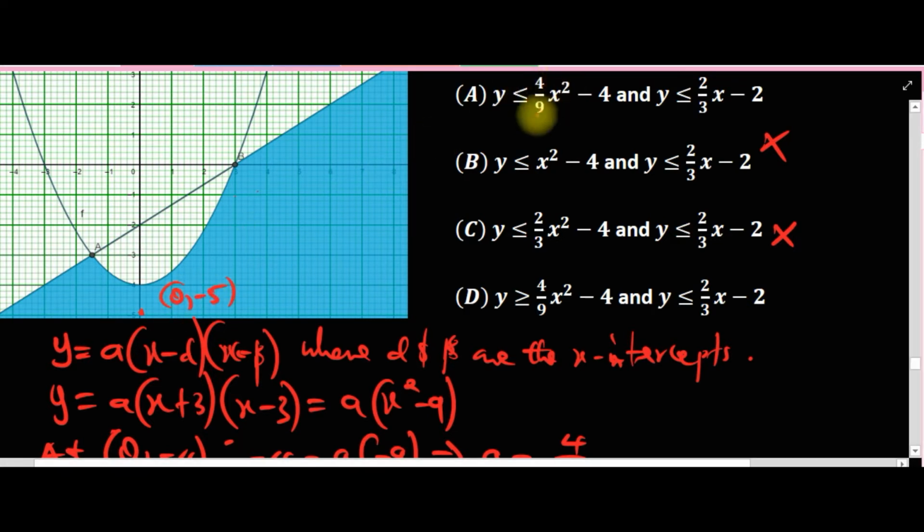So minus 5 is less than minus 4. Yes, which is correct. So that's our answer. Whatever that is here is less than this, so minus 5 is less than minus 4. So our answer is that.